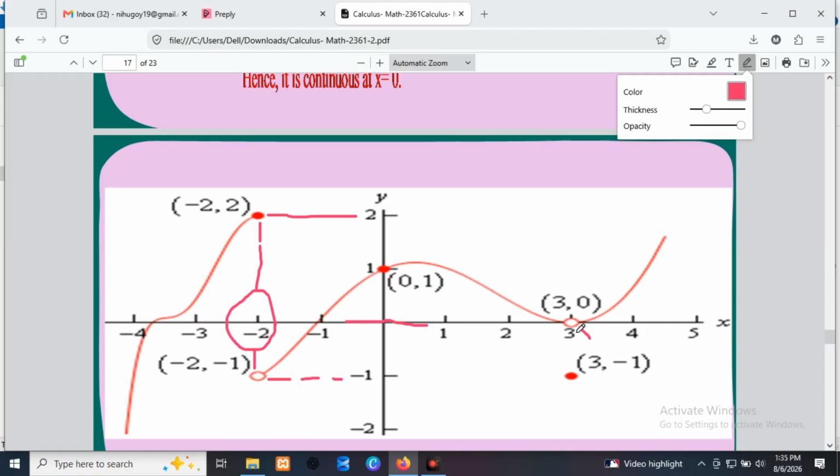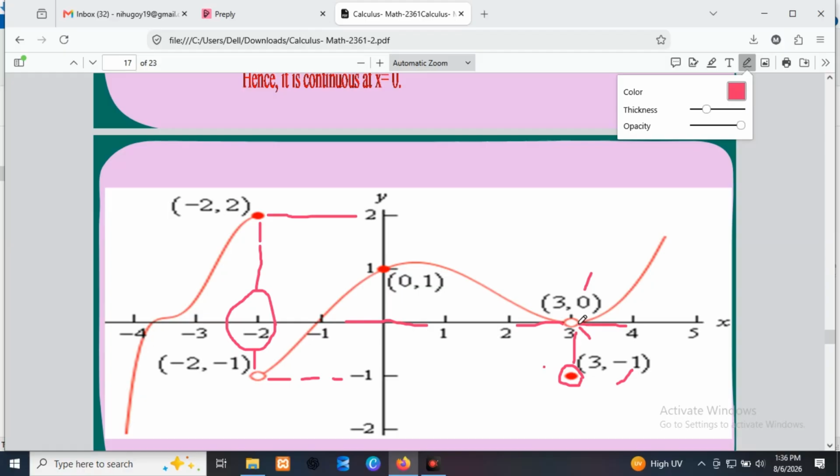But for this one, here is a hole. If you look downward, here I have a red solid point. So I can conclude it does not exist. Why? Because when you evaluate approaching 3 from the left and from the right, it has distinct values, which means the left and right limits are different.